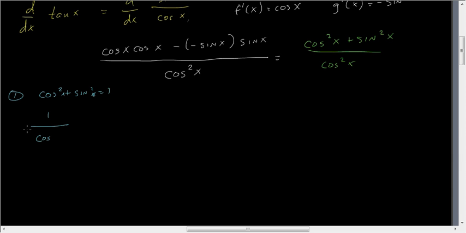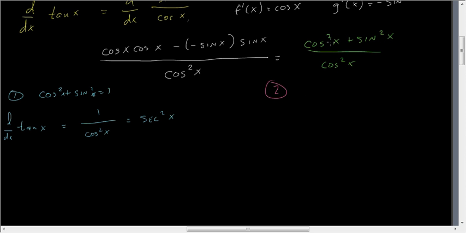So the derivative of tangent turned out to be 1 over cosine squared of x, but 1 over cosine squared is just secant squared of x. The second way of doing it is to split them up.